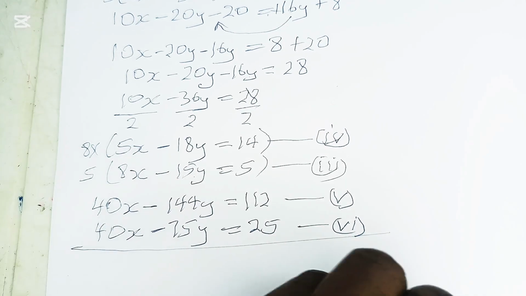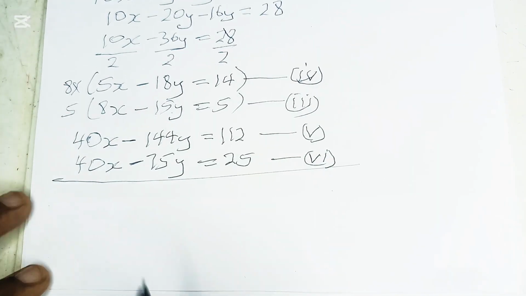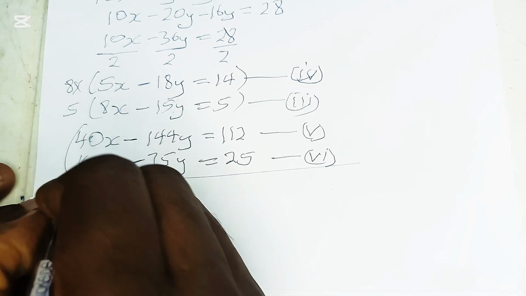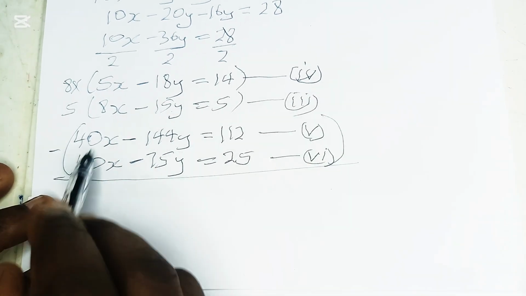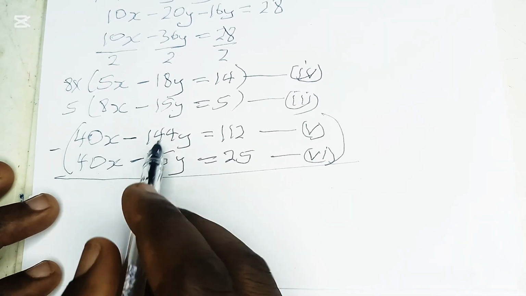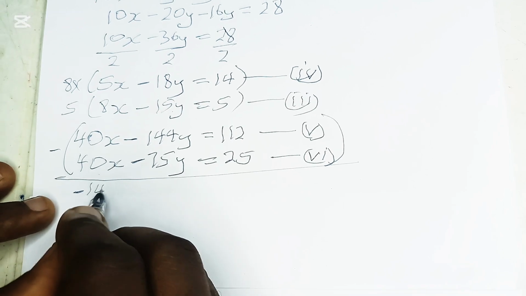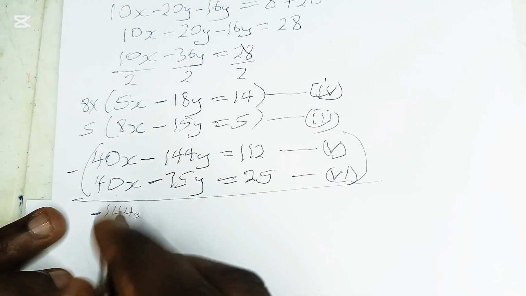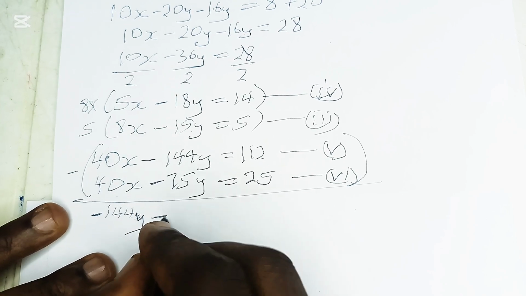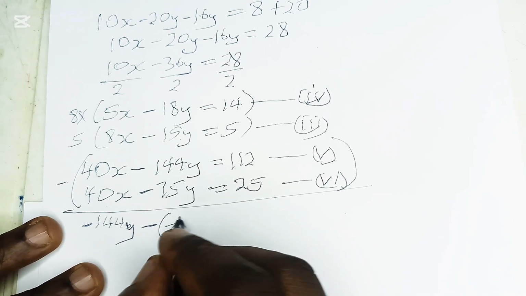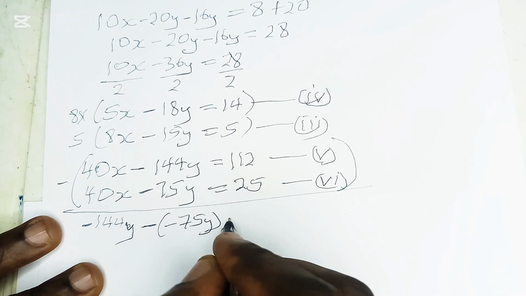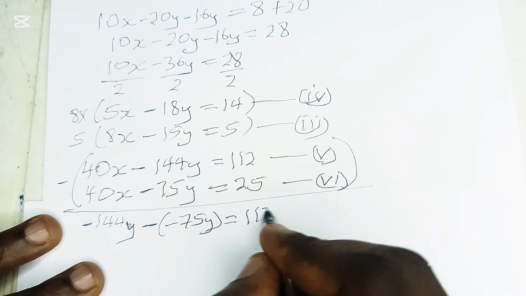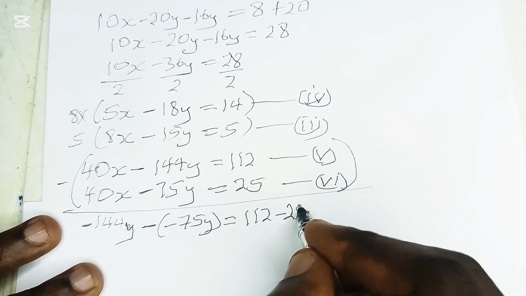Subtracting the two equations from each other. So it means we have this minus this, the 40x terms collapse. We have minus 144y minus 75y is equal to 112 minus 25.